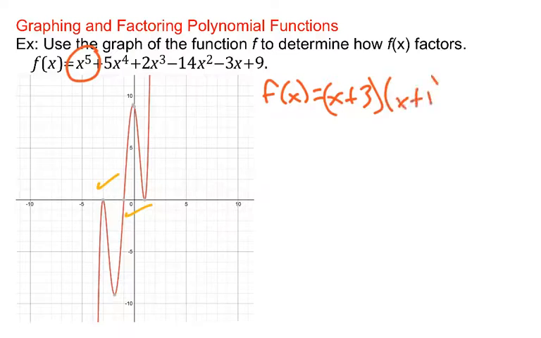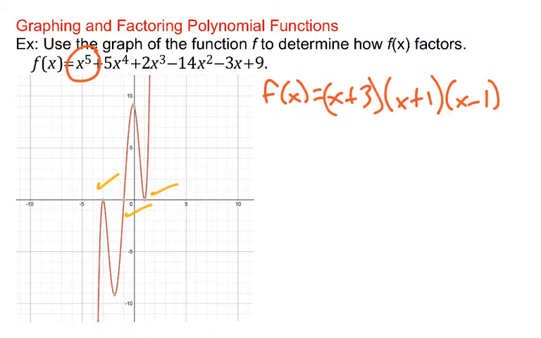And finally, because there's also a 0 at +1, a 0 of 1 would correspond to a factor of x minus 1. So the factorization of this polynomial would have to at least begin with this. Now, notice that this only gives me 3 factors, and I've already said there ought to be 5.